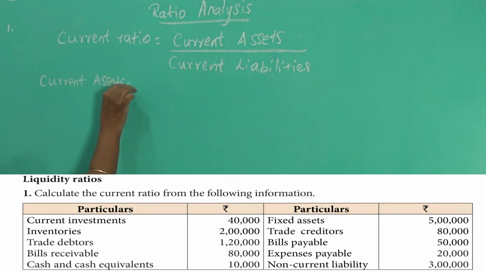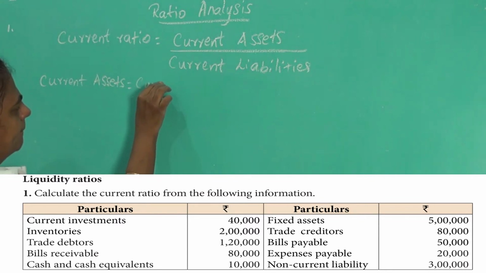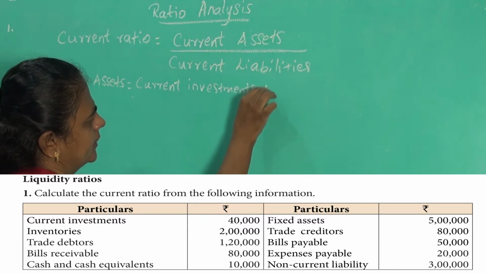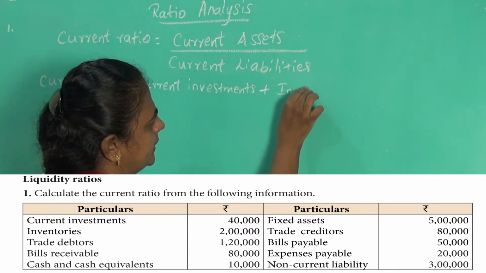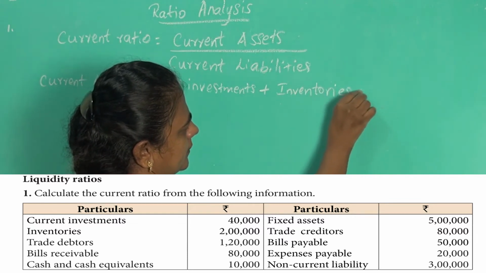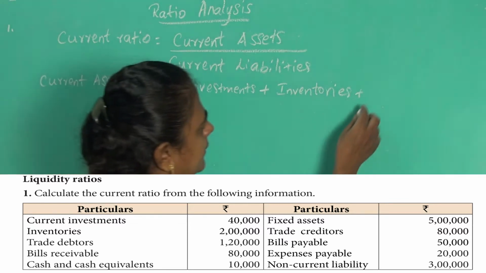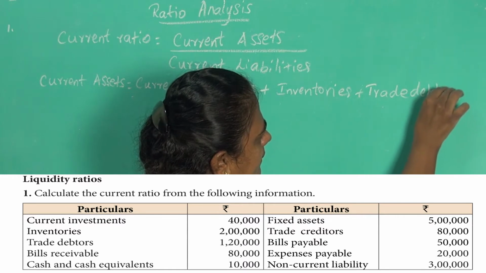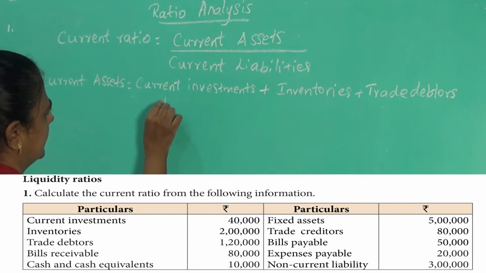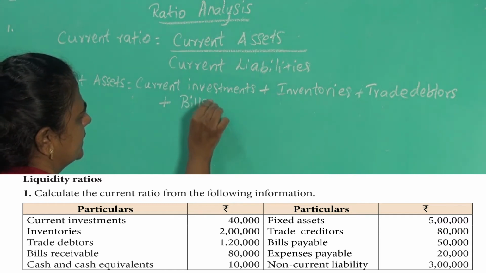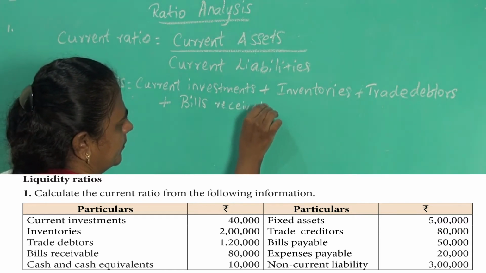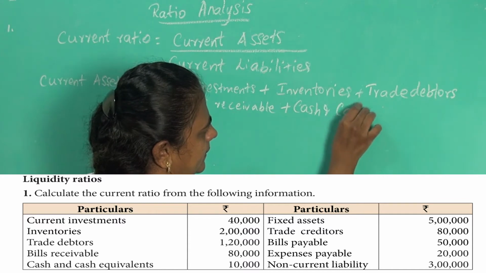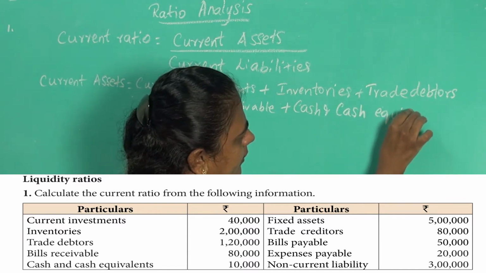Current assets is equal to current investments, inventories, that is stock, trade debtors, plus bills receivable, plus cash and cash equivalents.